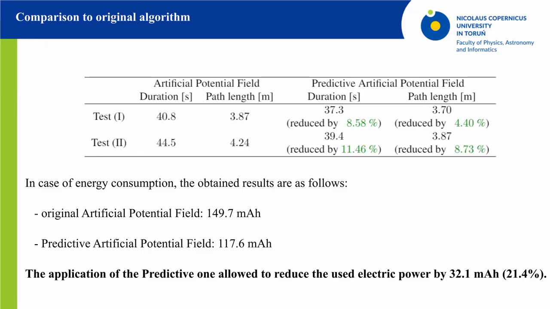The indicators presented in the table prove the efficiency of the Predictive Artificial Potential Field algorithm. The time required to reach the goal is around 10% shorter than the original algorithm, and the traveled path is significantly shorter by 4.4% and 8.73% for Test 1 and Test 2, respectively.